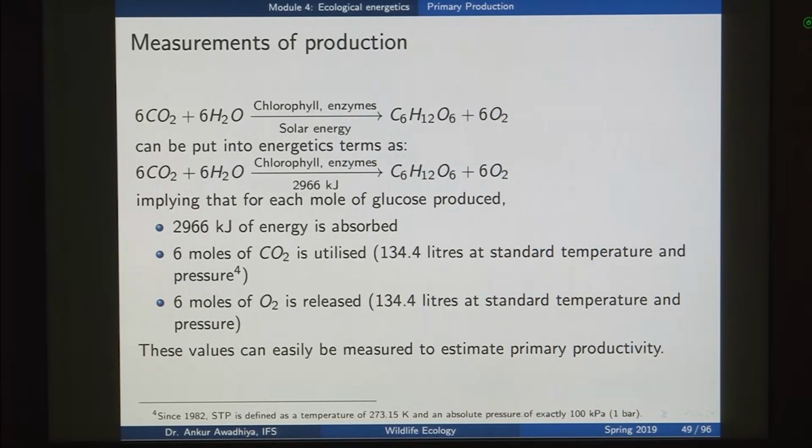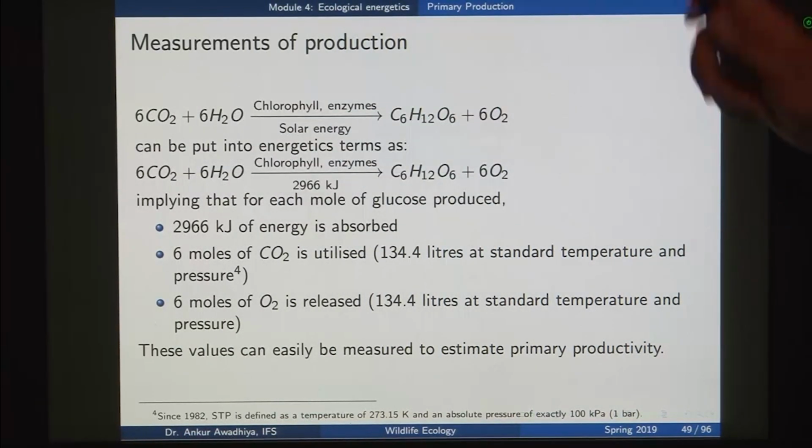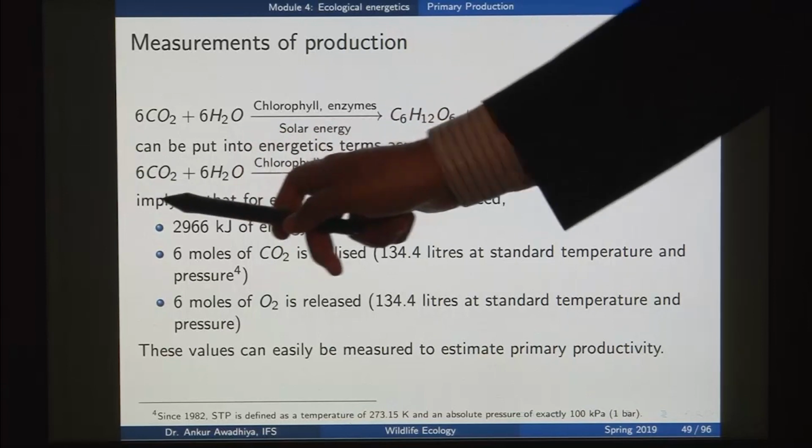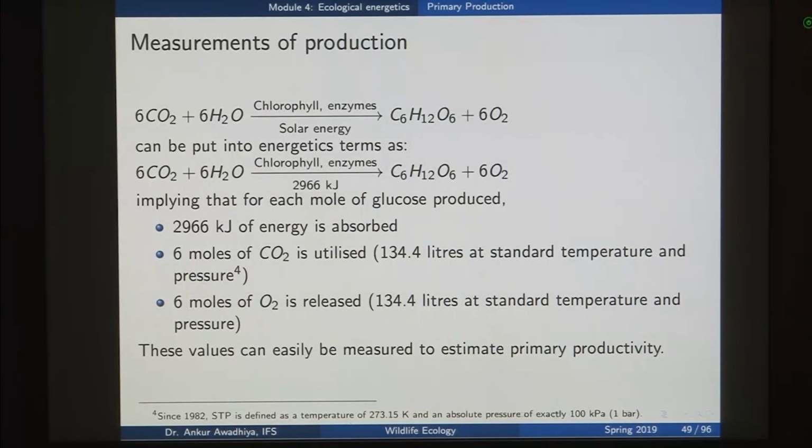Now, when we have these values, we can measure the amount of carbon dioxide that is getting fixed by measuring the rate at which this carbon dioxide is getting utilized. For instance, you have a plant, you cover it with a glass jar and you measure the amount of carbon dioxide present in the air, and then throughout the day you measure the amount of carbon dioxide at different points of time.